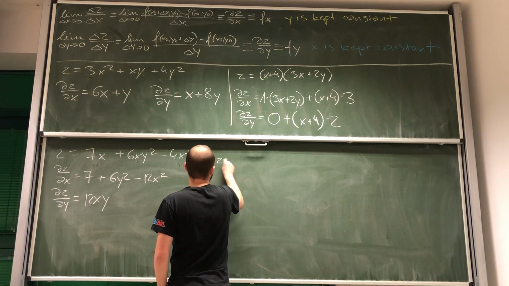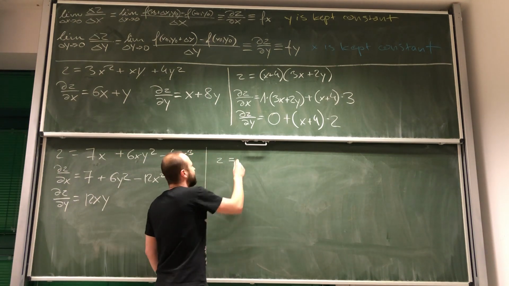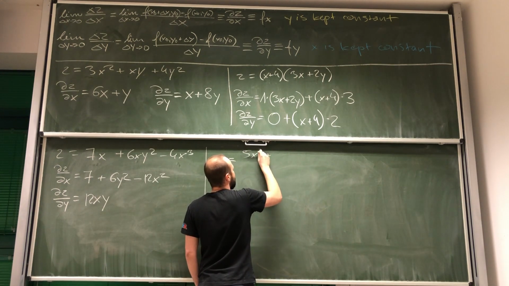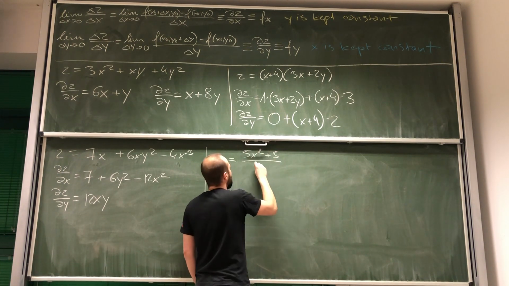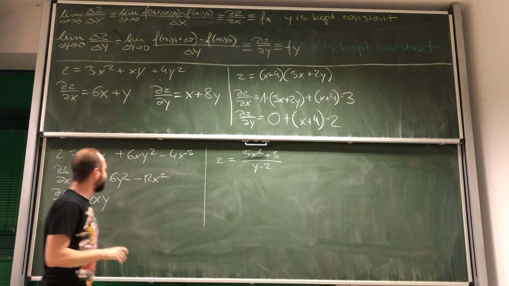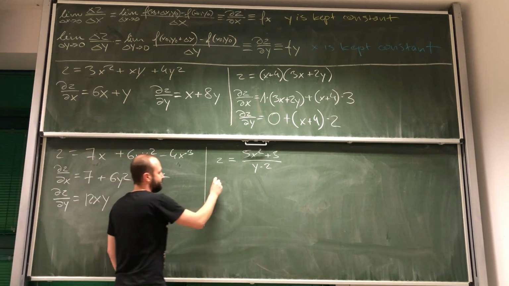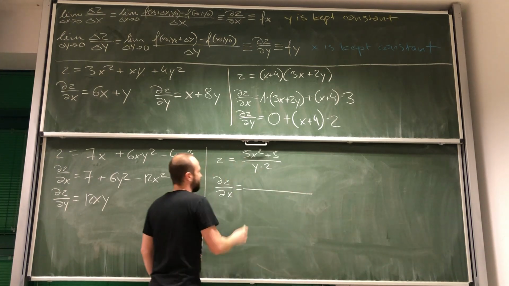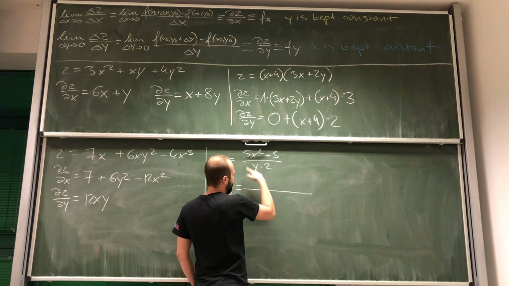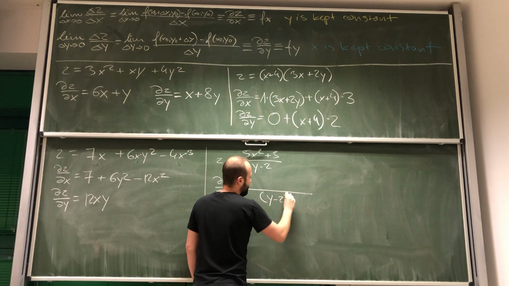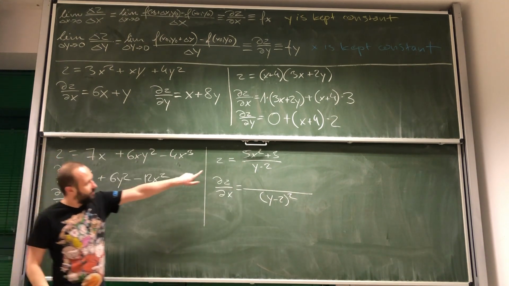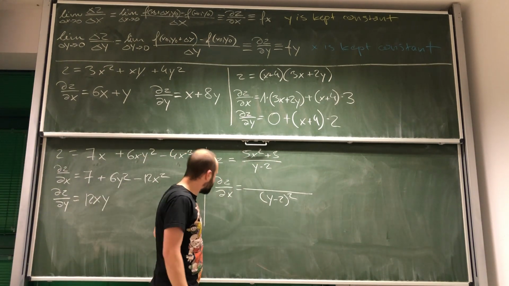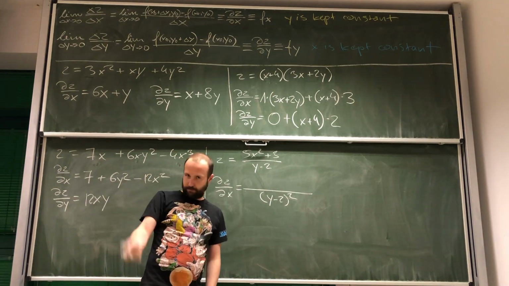Okay, maybe one final example, now for the quotient rule. So z is 5x squared plus 3 divided by y minus 2. Again, let's start with dz dx. From the quotient, in the denominator, we just take this expression, take it to the power of 2. Now, over here, we first differentiate this with respect to x.